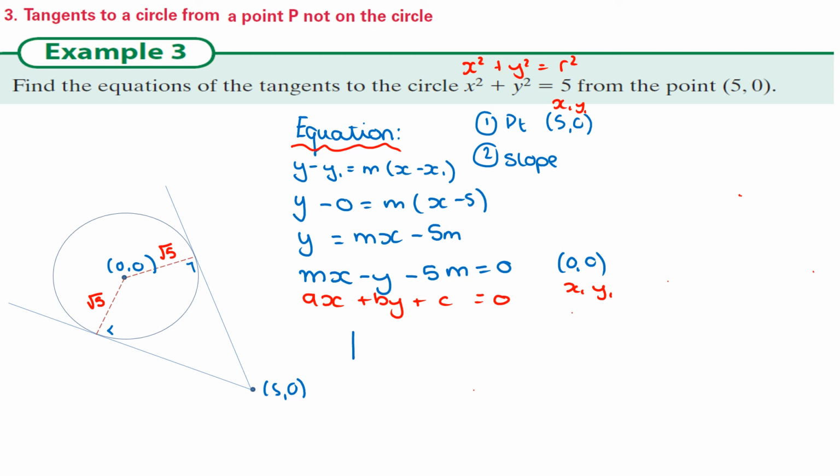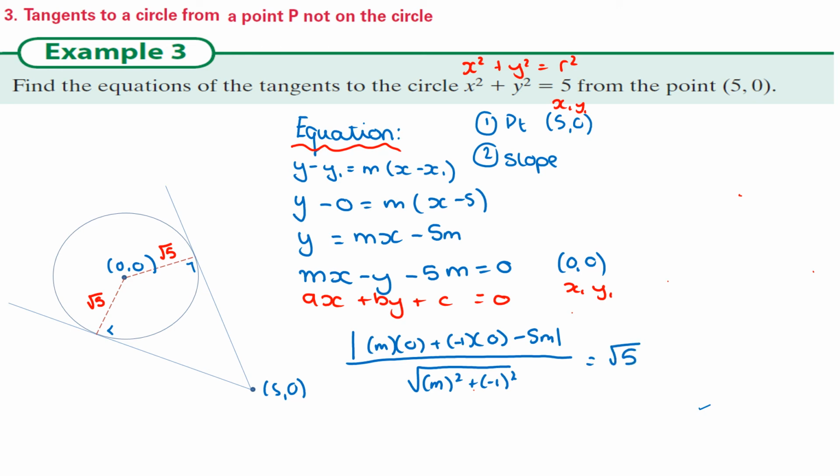So we have a times x1 plus b, it's minus 1 now, be careful there, y, 0 minus 5m all over the square root of m squared plus minus 1 squared, and that should equal the square root of 5. Doing a little bit of cleanup, we have minus 5m in our absolute value signs all over the square root of m squared plus 1, and that equals the square root of 5.